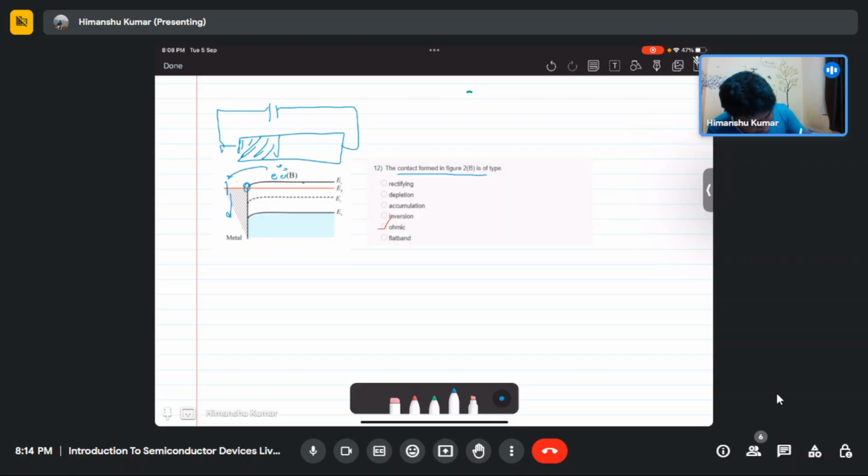Even from here to the other side, a sufficient number of electrons will reach the right side, because the Fermi level here will be up, so there is a huge number of electrons, and those can jump to this side and carry current. So this kind of contact will behave like an ohmic contact.